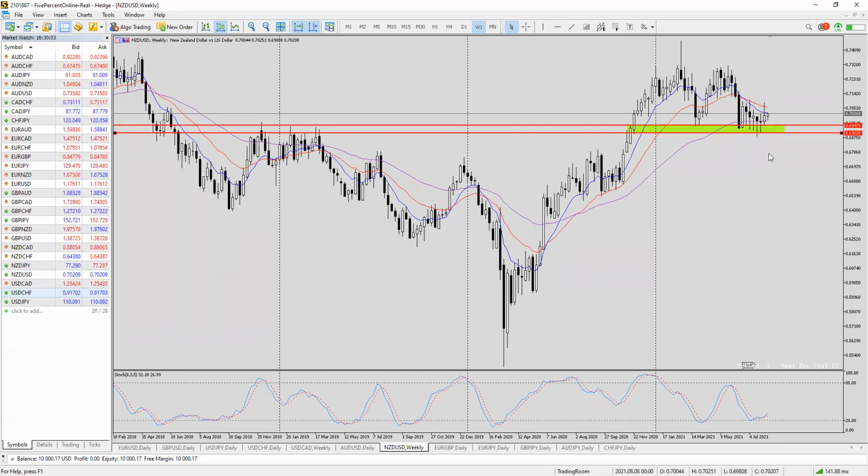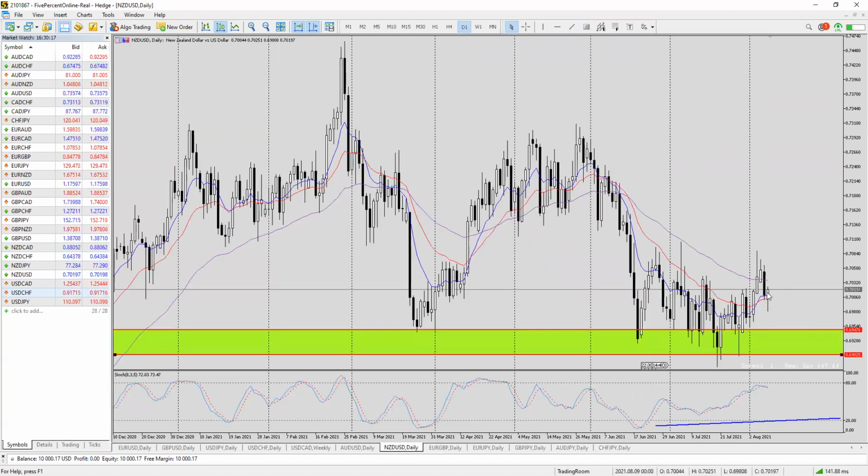Trend is not very clear. There are some buyers coming in. It could form a move up. You can also see some divergence here. So we could see Kiwi dollar moving higher, but obviously on the daily chart, the trend is not very clear.